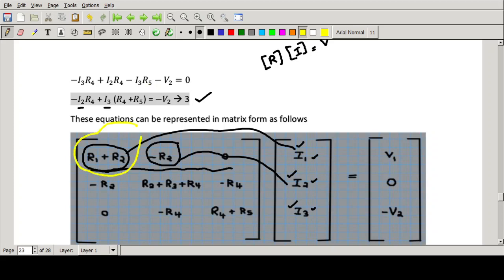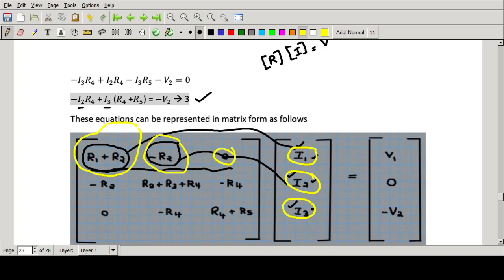R1 plus R2 corresponding to I1, minus R2 corresponding to I2, and there is no resistance term for current I3, that is why we take it as 0. So this represents equation number 1 for mesh 1.